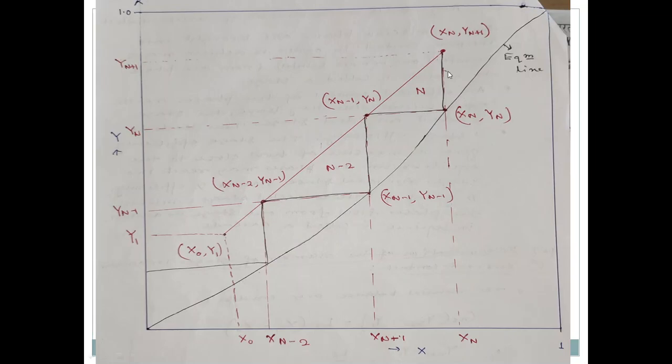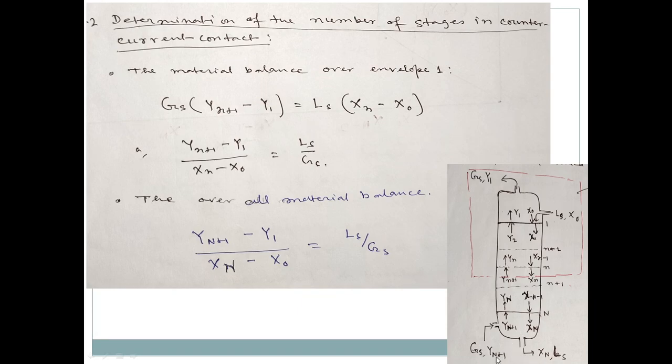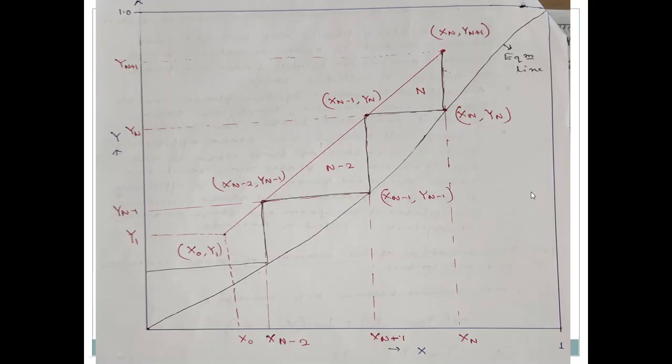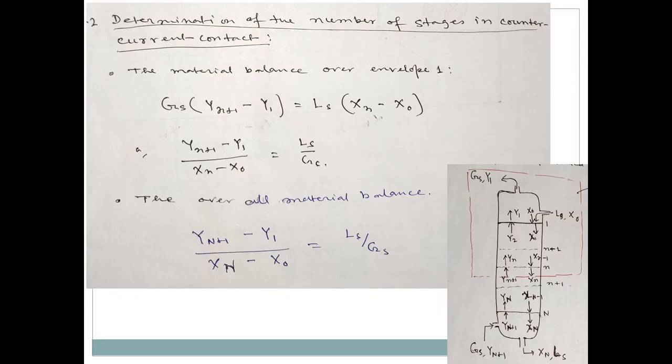Now if you take this one, this is higher and this is higher, isn't it? As mass transfer is happening from G phase to L phase, this end point is Xn, Yn+1. So Xn and Yn+1, this is the point here, the end point. And this is X0, this is low, and Y1, both are low.